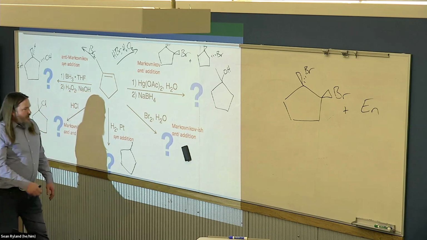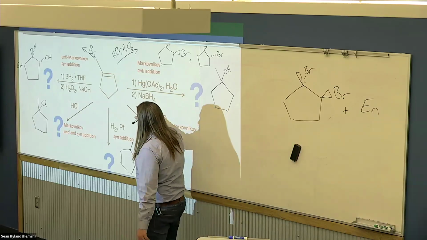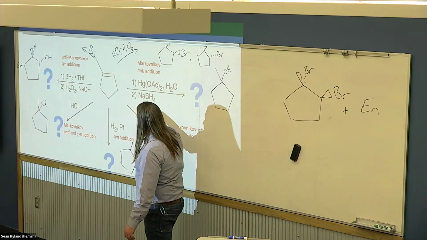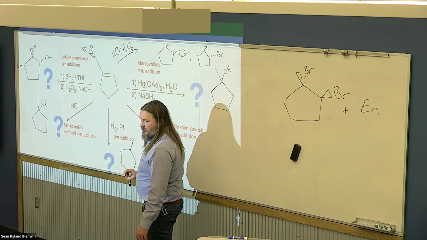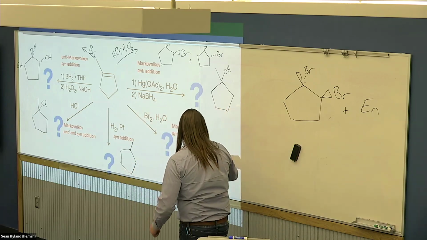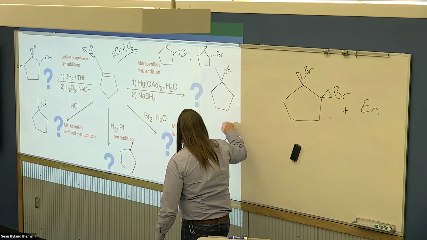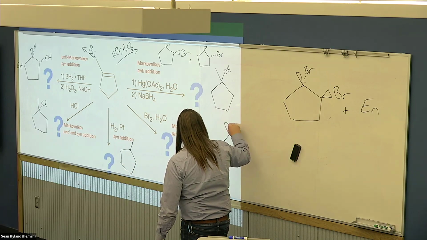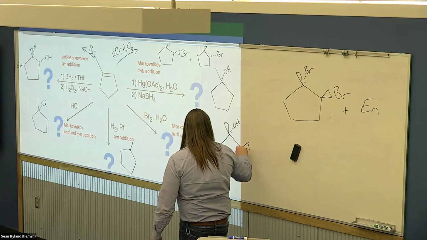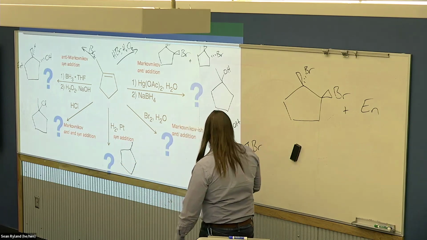Last but not least, the halohydrin. We're going to put the bromine on the less substituted carbon, the oxygen on the more substituted carbon. And they have to be trans relative to each other.